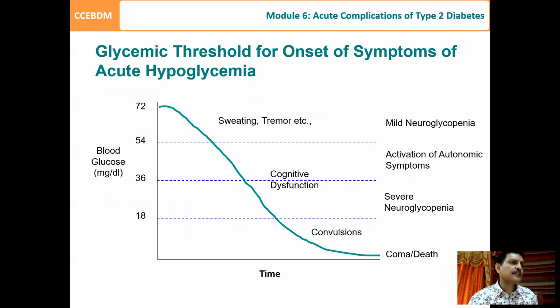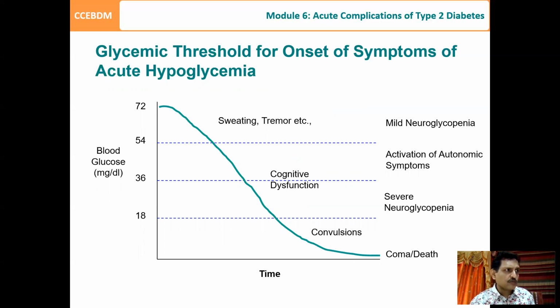Now you can see that when the hypoglycemia is in the mild range, between say 50 to 70, there is usually sweating and tremor, all adrenergic symptoms, which we usually find.